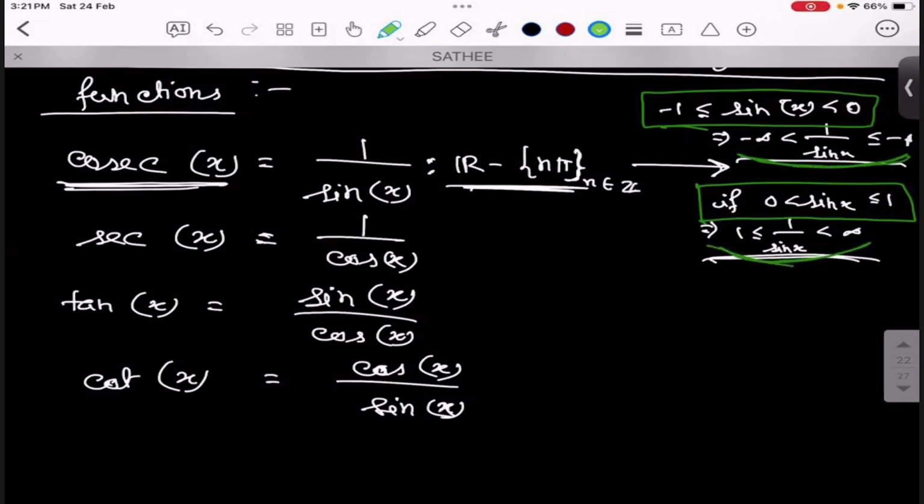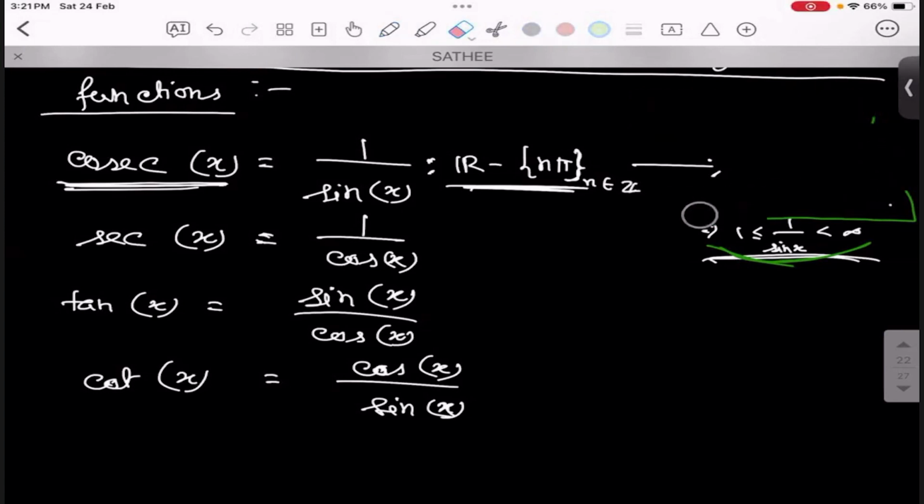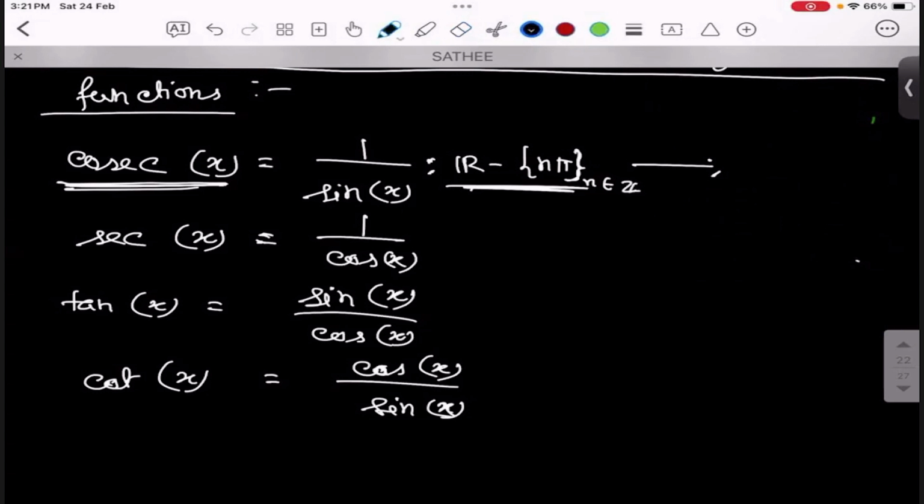And for both cases, we found these are the resulting conditions. Therefore one can say that the range of cosec x should be the union of two sets. Which two sets? One is minus infinity to minus 1, union 1 to infinity.